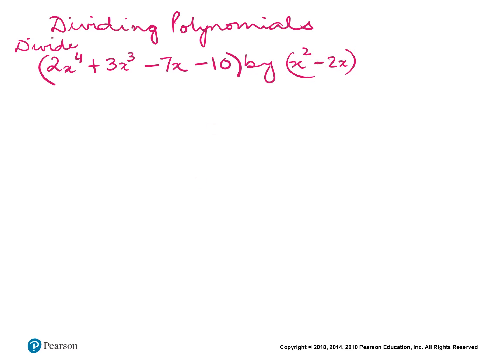So now I'm going to write the long division format. Put everything in long division format. I'm going to write 2x to the fourth plus 3x cubed. Now I'm going to take a pause at this point and explain something to you.